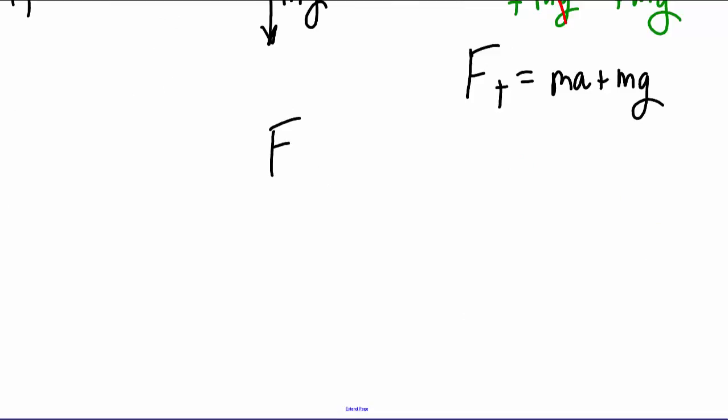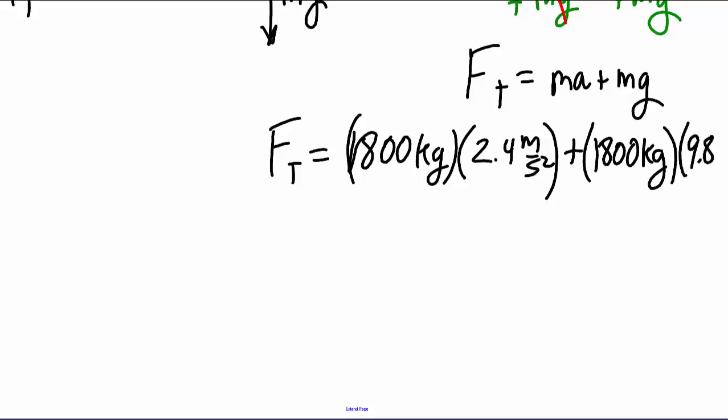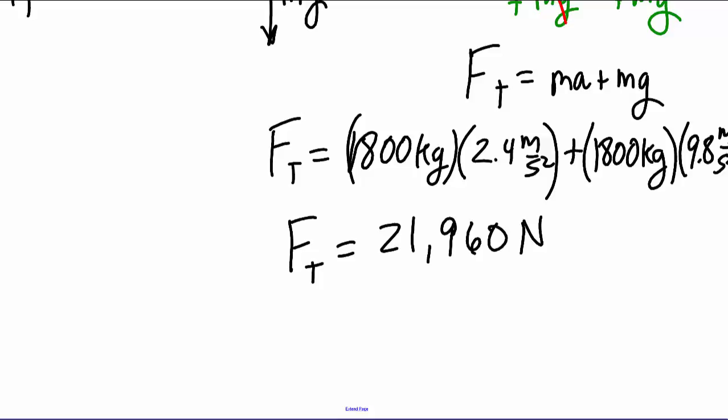F sub T will be equal to 1800 kilograms times an acceleration of 2.4 meters per second squared plus 1800 kilograms times 9.8 meters per second squared. We calculate that out and we find that F sub T will be equal to 21,960 newtons. Let's move on to part D.